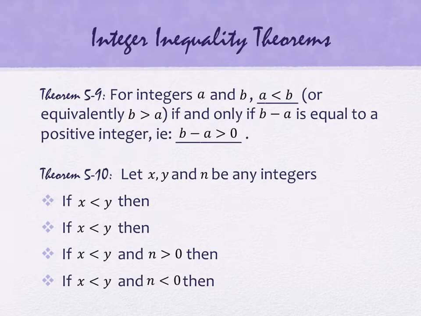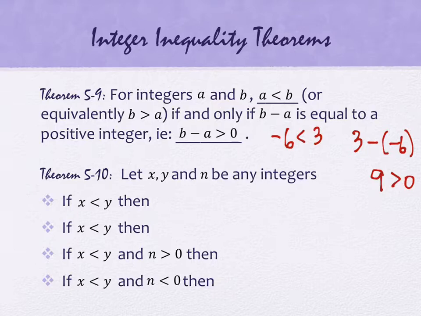Okay, so we'll keep using the same numbers, my -6 and my positive 3. -6 is less than 3, because if I were to take 3 and subtract -6, what is 3 minus -6? That's 9. And that answer is positive. The reason one number is bigger than the other one is because if you subtract them, you get something back. The reason 5 is bigger than 2 is because 5 minus 2 is 3. It's a positive number. There's something left over.